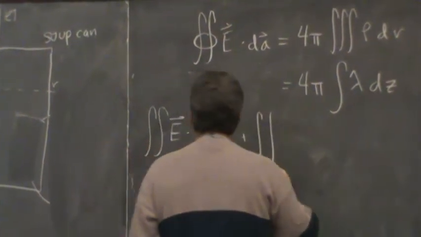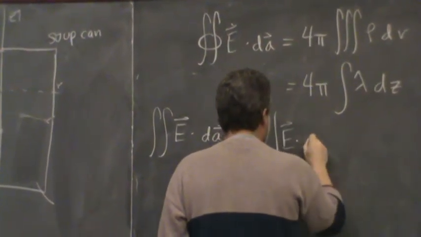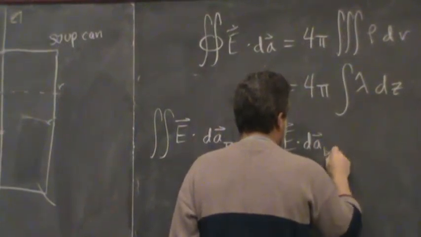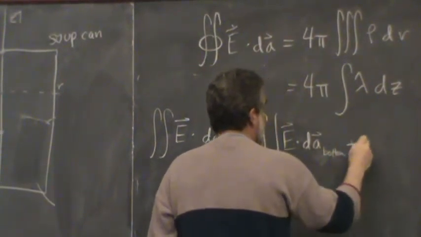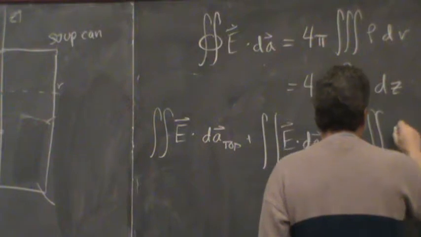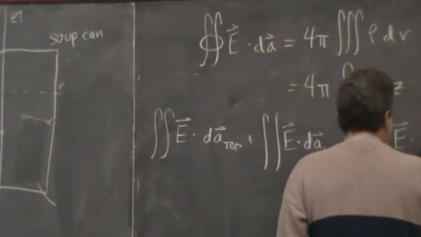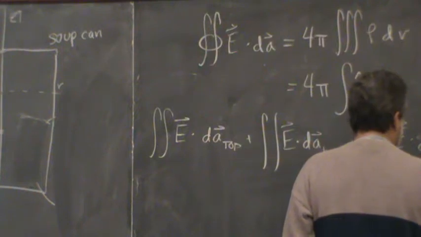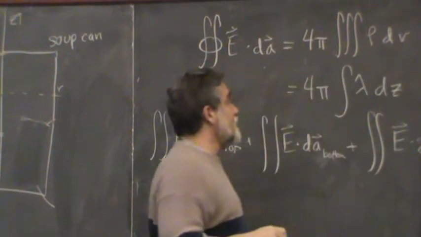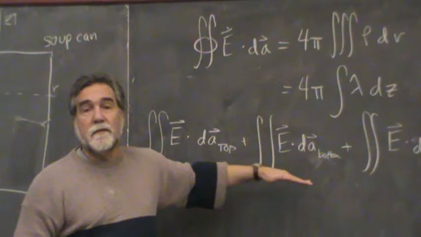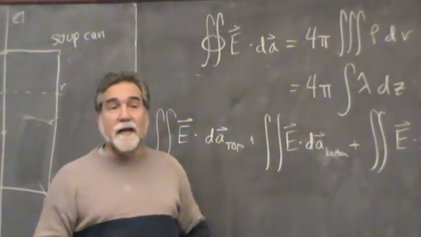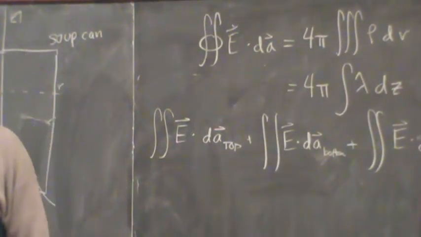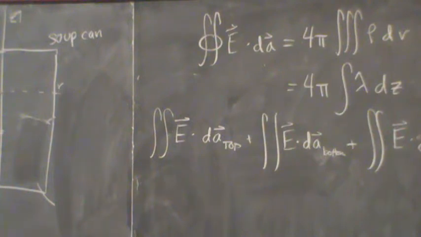Plus the integral over the bottom surface, plus the integral over the sides. And if this comes out to be simple, then I solve my problem, because the other side is really easy for me to solve, for the electric field.